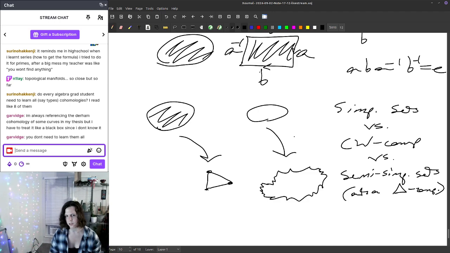There's an unlimited number of directions that you can go with it. It's not like anyone's going to know every single thing about all of these things. It's not something you have to do any of, but it is pretty important or fundamental in a lot of parts of modern math for sure.